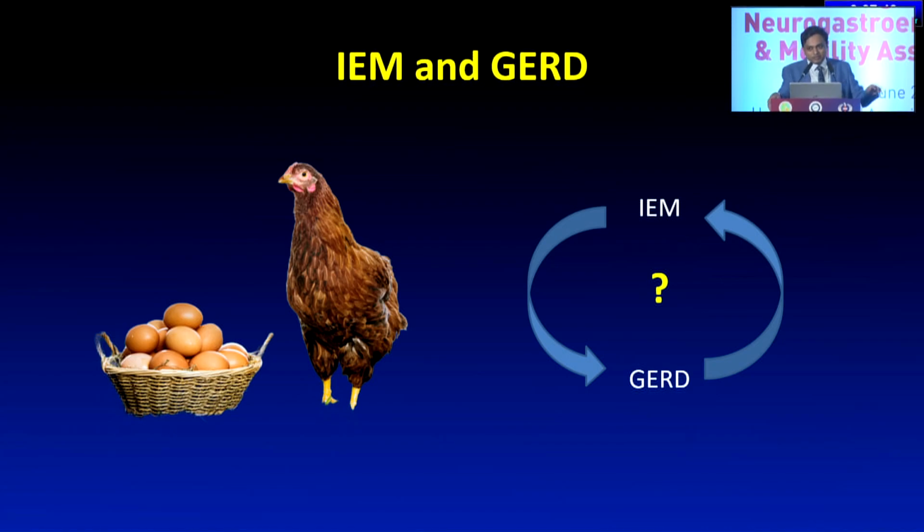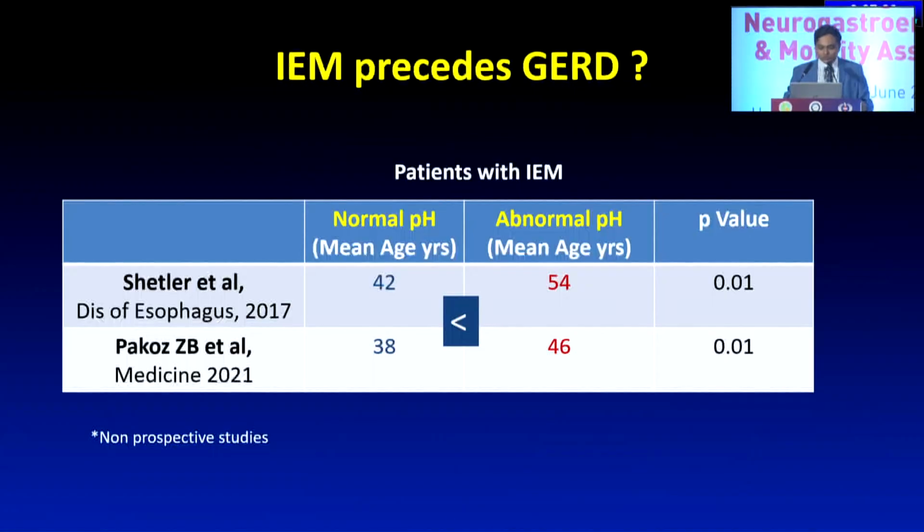So, if you talk about the chicken and egg principle, what came first? Does the IEM precede GERD, or does GERD lead to ineffective esophageal motility? This is a question that we always come across. So, two studies showed that the mean age of patients who had ineffective esophageal motility but had normal pH values was lower than in patients who had abnormal pH.